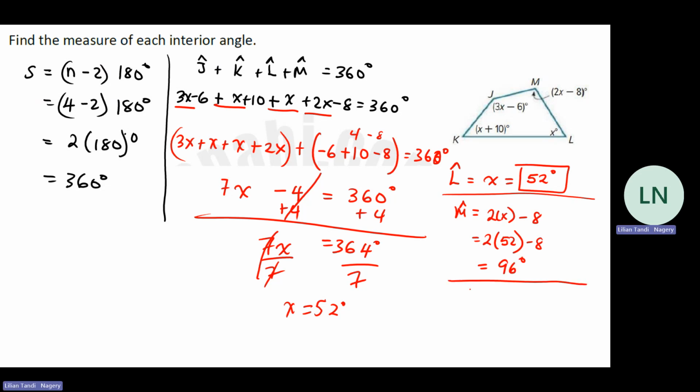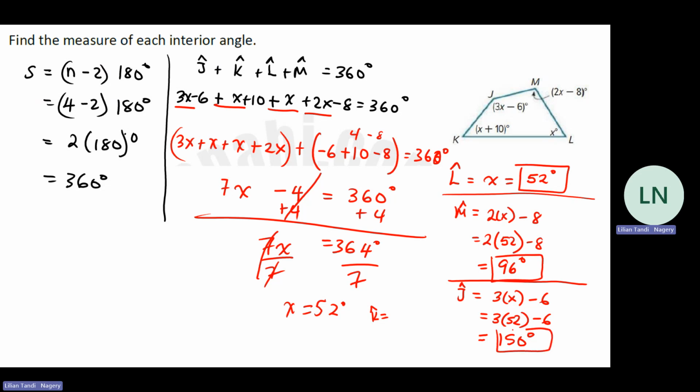Then we should find angle J, which is 3x minus 6, which is 3 times 52 minus 6, which is 150 degrees. Then we will find angle K, so box your answers.